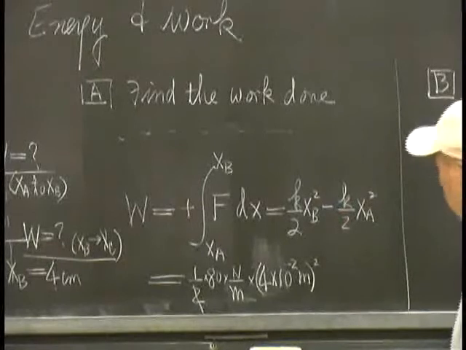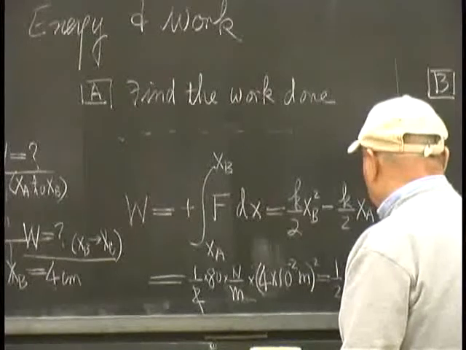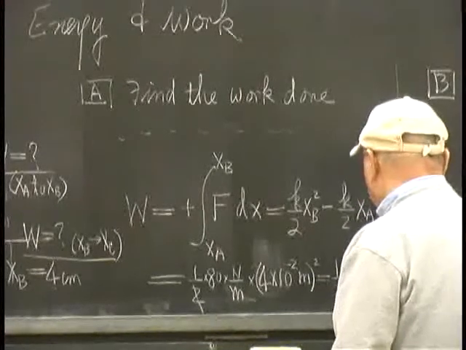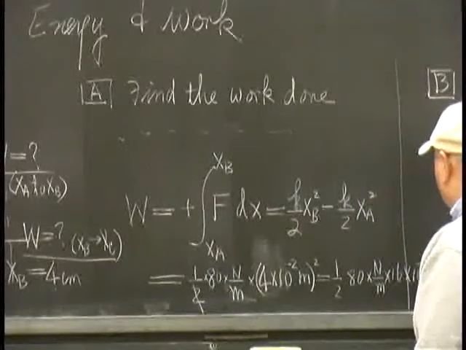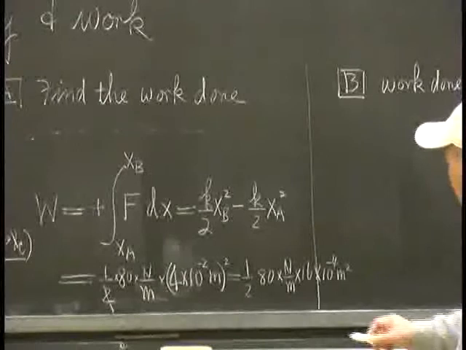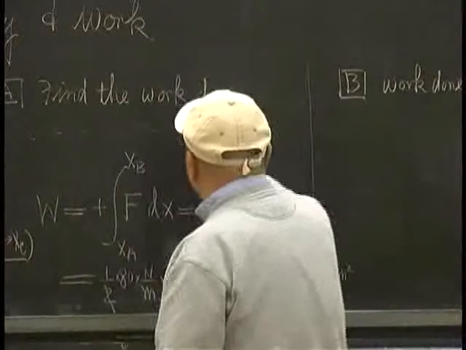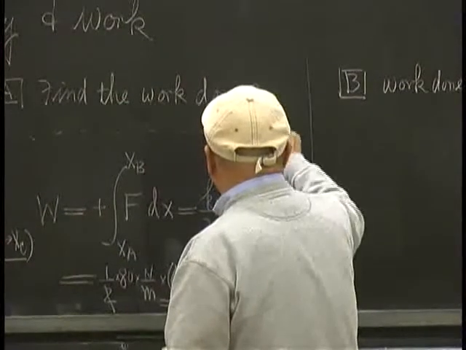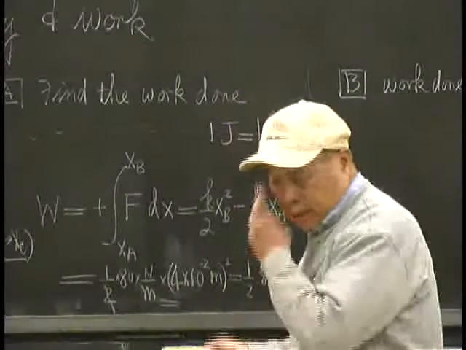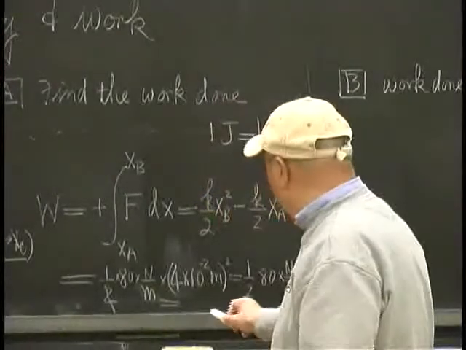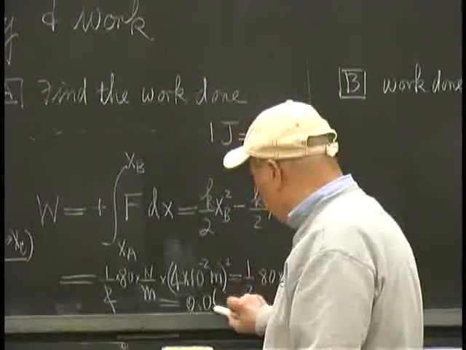So using this, 1/2 times 80 Newton per meter times 16 times 10 to the minus 4 meter squared. After all that, the unit Newton meter, 1 joule equals 1 Newton times 1 meter. Using the calculator, you will get 0.064 joules.